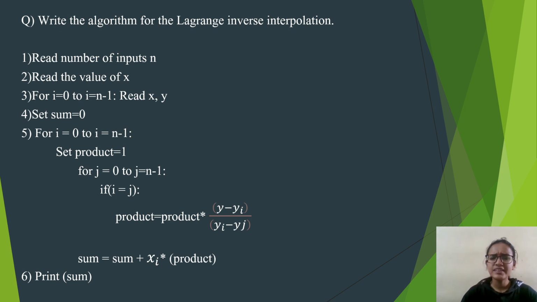The only difference in the inverse and Lagrange's interpolation is that at the point where we have taken y, we will be taking x. That's the only difference at the product equation. And then finally we will be adding the sum by multiplying the coefficient, that is x of i, to the product. And by performing all the iterations, we will be printing the sum.